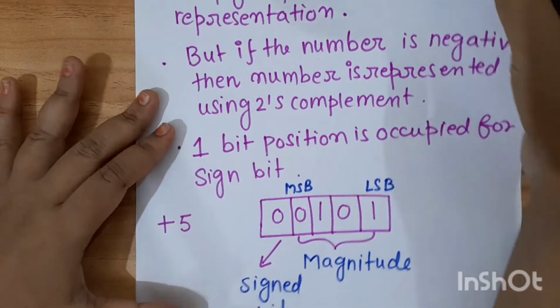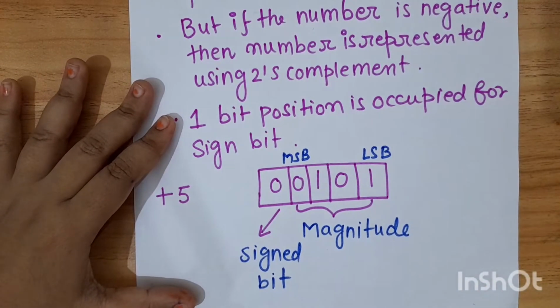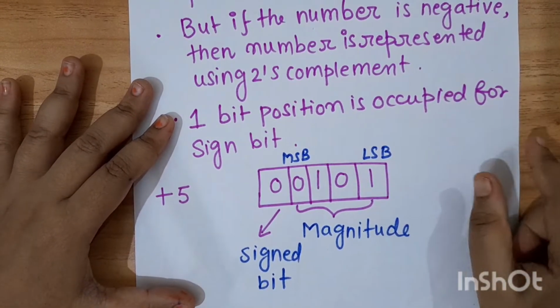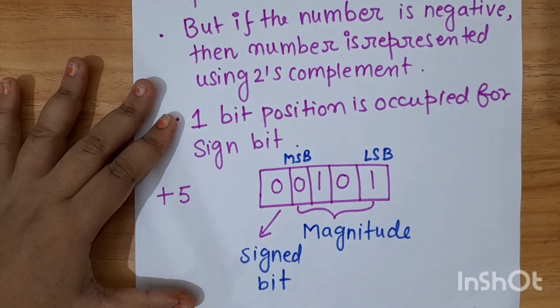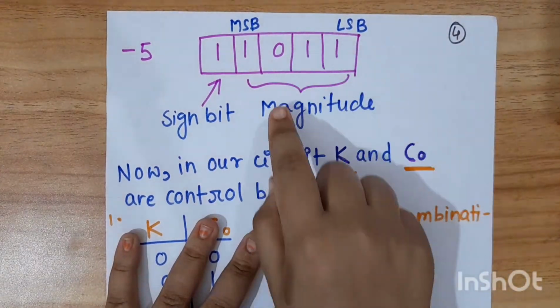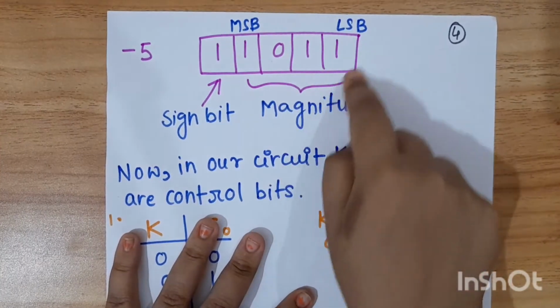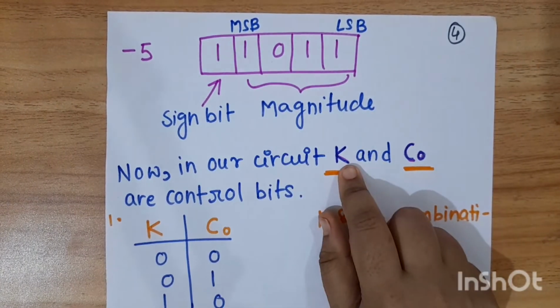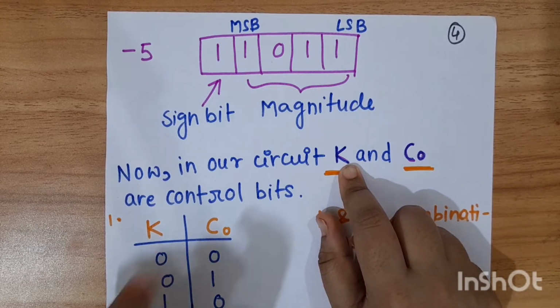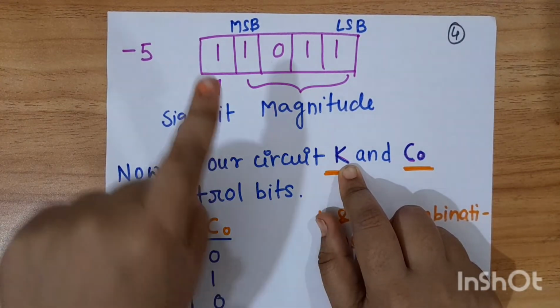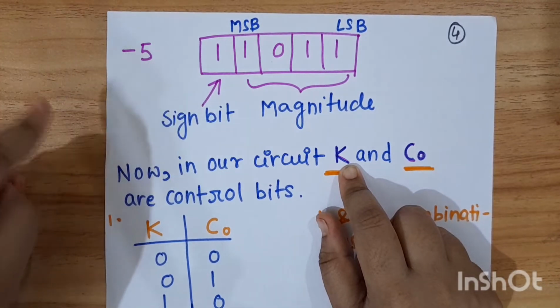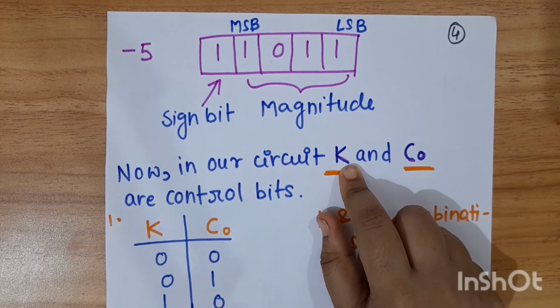This is how positive numbers are represented in signed binary. Now minus 5 is represented with the magnitude being the 2's complement of 5: 1, 0, 1, 1 is the 2's complement of 5, and after the most significant bit, 1 bit is for the sign bit.